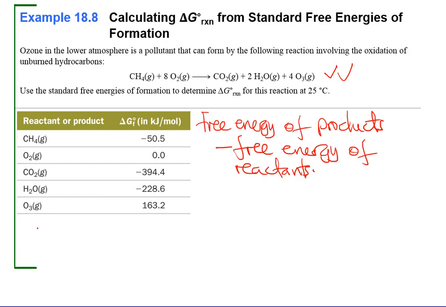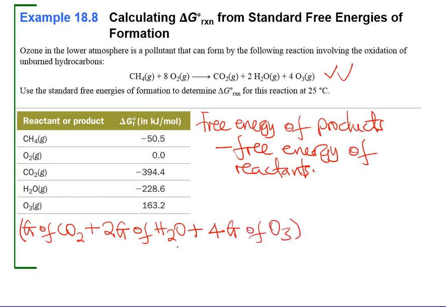you are going to have as your products the G of carbon dioxide, that is in parentheses, plus 2G of water plus 4G of ozone minus G of methane plus 8G of oxygen.